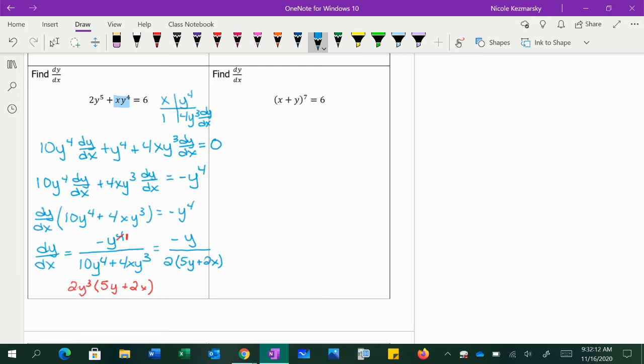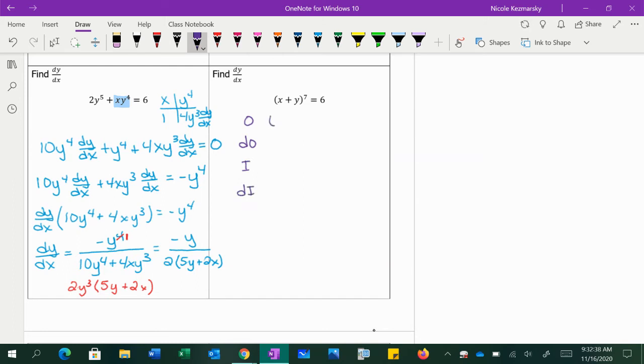Let's look at an example that has chain rule in it. For this next one, I know that it's chain rule because inside the parentheses, I have more than just a plain old x. I have x plus y. So I'm going to say outer, derivative of the outer, inner, derivative of the inner.